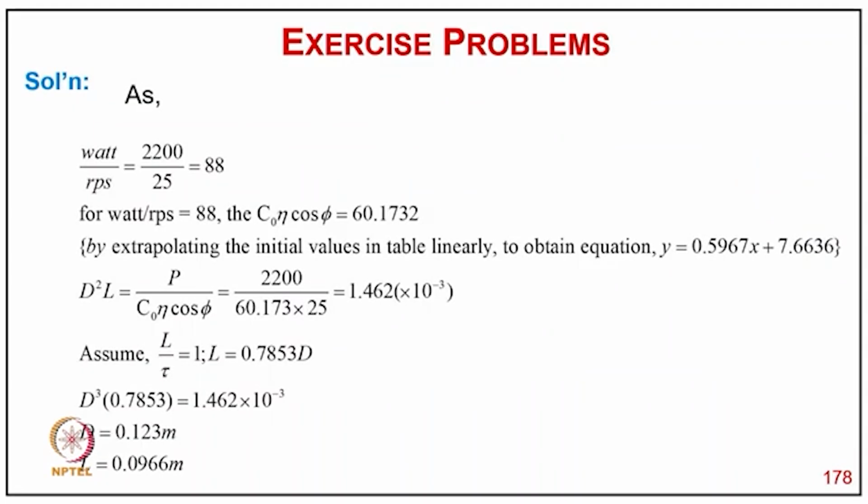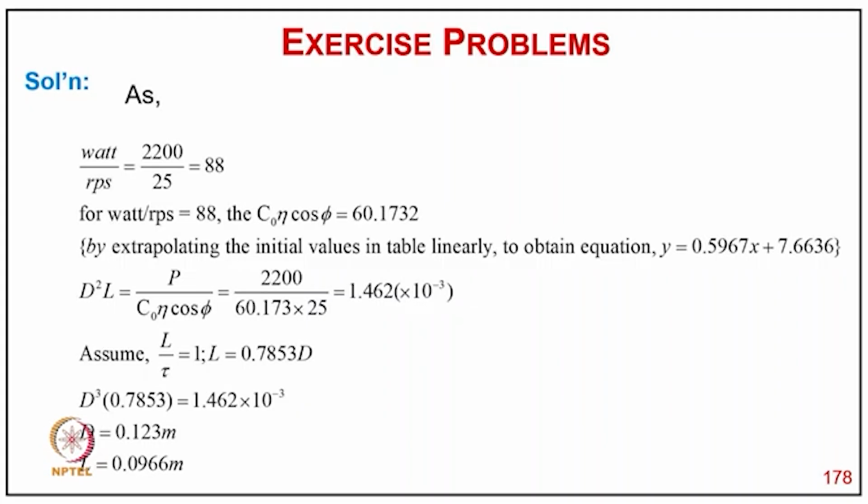Coming to the solution, watt per RPS is 2200 by 25, that is 88 watt. The C0 eta cos phi is 60.172, by fitting the initial values with linearity to obtain y equal to 0.596x plus 7.6636. So D square L is P0 by C0 eta cos phi, it comes to 1.46 into 10 to the power minus 3.